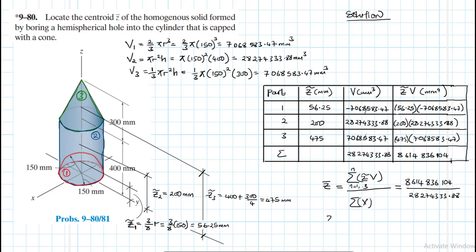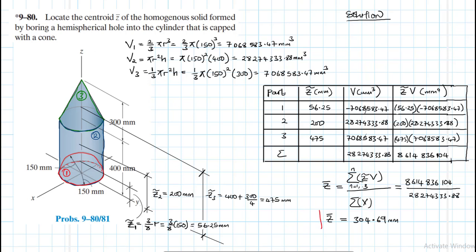Therefore, our Z bar is equal to 8,614,836,104 divided by 28,274,333.88. Okay, so we have 304.69 millimeters.